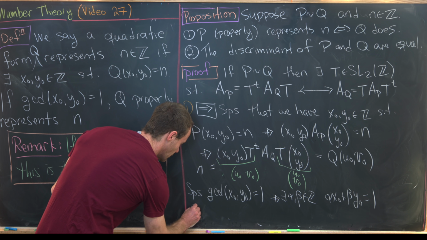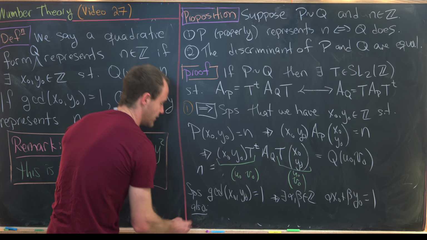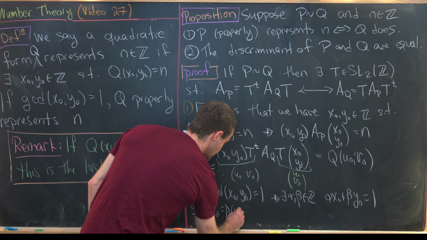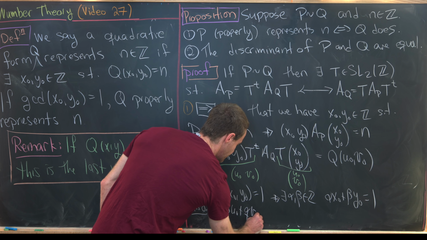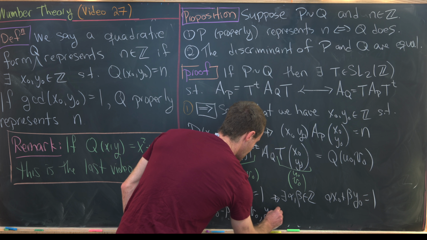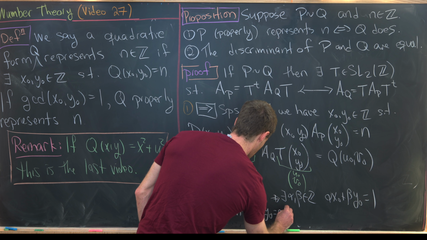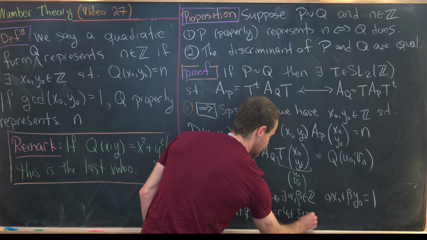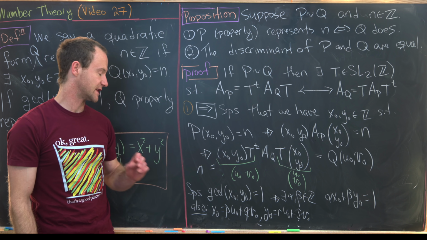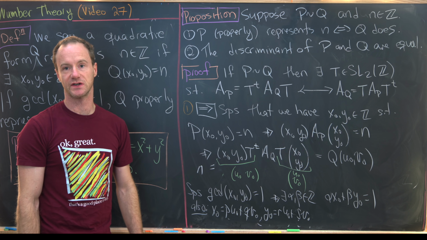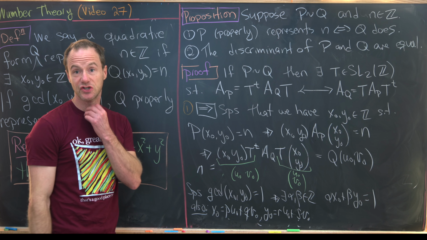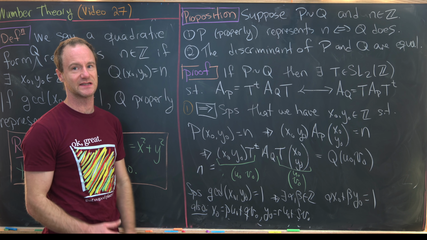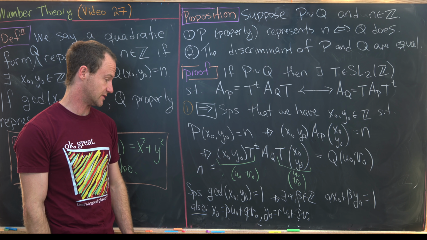But also we know that x naught can be rewritten as p u naught plus q v naught, and then y naught can be rewritten as r u naught plus s v naught, where that's related to our change of variables matrix here. So notice I've kind of changed the role of my x matrix and my u matrix from the last board, but these are kind of symmetric ideas, so I don't think it's a big deal.